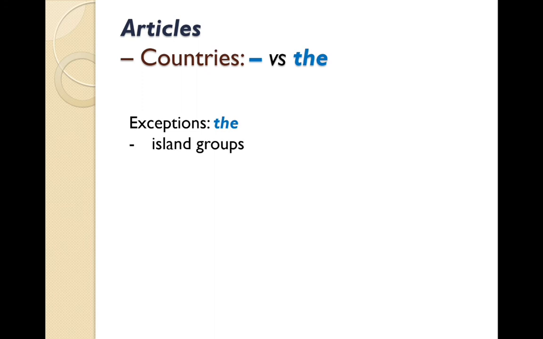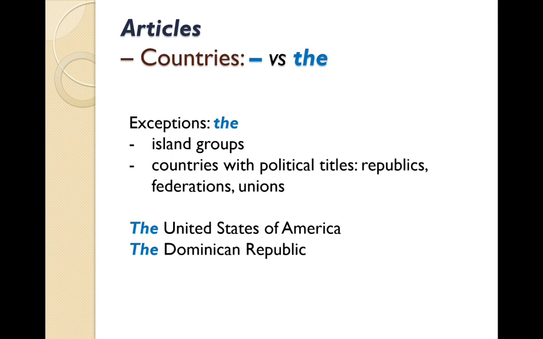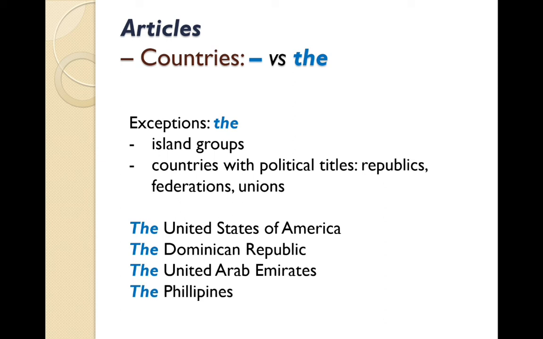Where an island group is a country, usually we use the. And also countries with political titles, so republics, federations, unions. The United States of America, the Dominican Republic, the United Arab Emirates, the Philippines, the Maldives.